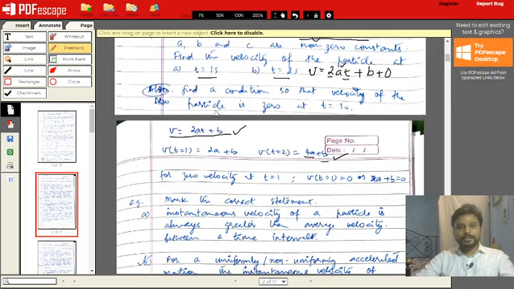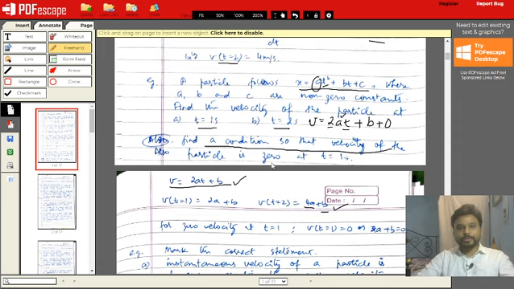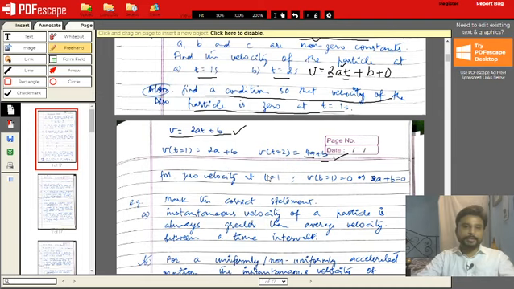Now there is an additional part in this question: find a condition so that the velocity of the particle is 0 at t equal to 1 second. Solely at 1 second, the particle must have 0 velocity, which means that the particle must stop moving at that particular time. So the question can come in that way also. Now find a condition such that the particle ceases its motion at this time.